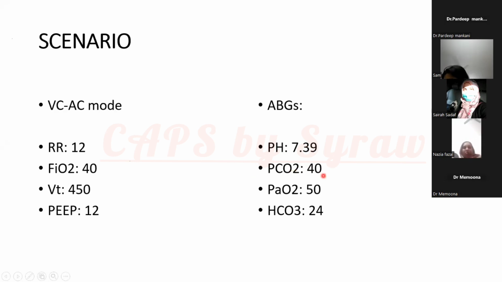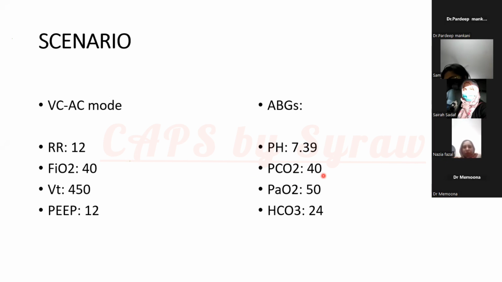The third scenario is that the patient is again on VCAC mode, and the rate is 12, FiO2 is 40, tidal volume is 450 because this is a volume control mode so tidal volume has been set, and a PEEP of 12 is given. Now the ABG results show that the pH is 7.39, which is in the normal range.